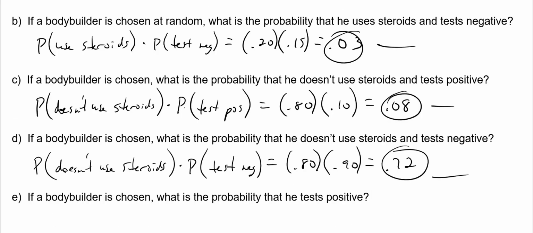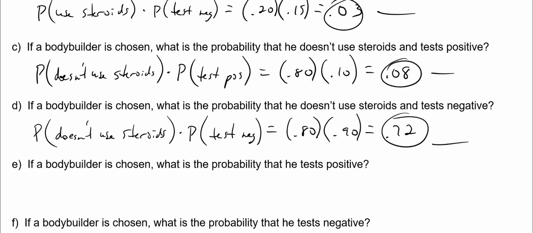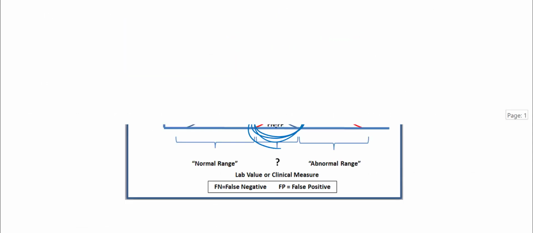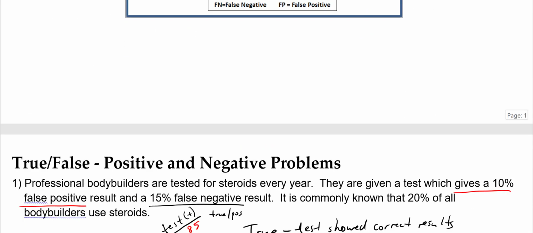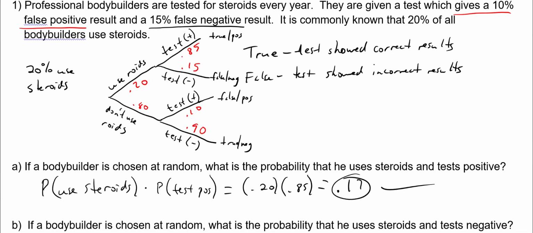Okay? E, it says if a bodybuilder is chosen at random, what is the probability that he tests positive? So testing positive, let's go back to our picture here. If I test positive, do you agree it's either going to be testing positive here or here?